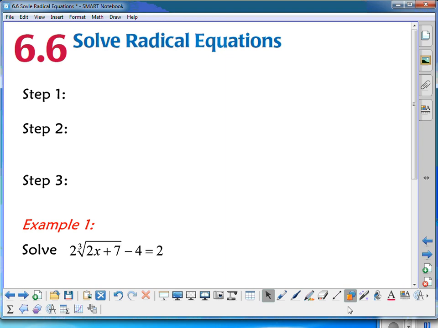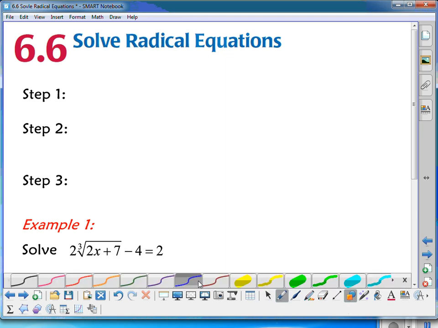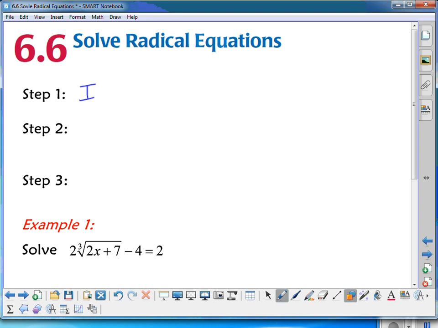All right, so today we are going to be solving radical equations. In order to solve radical equations, there's basically 3 steps that you follow. First thing you do is isolate the radical.